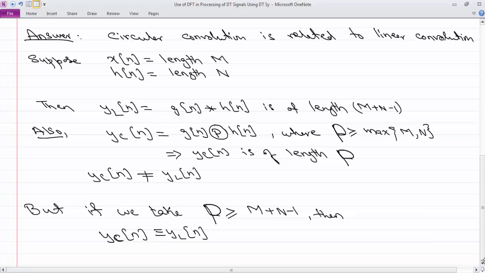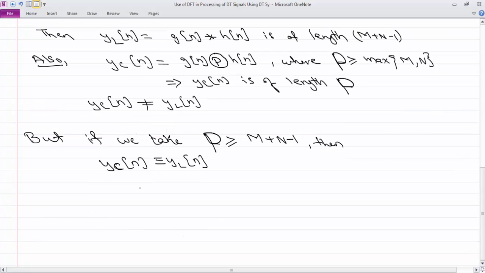And if that is the case, then that means that I can say, so now fix some p bigger than or equal to m plus L minus 1.